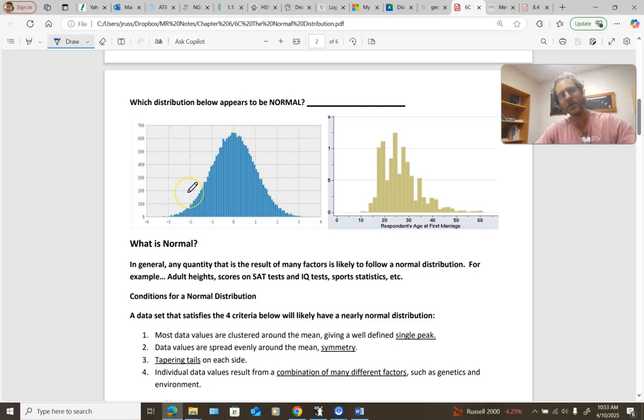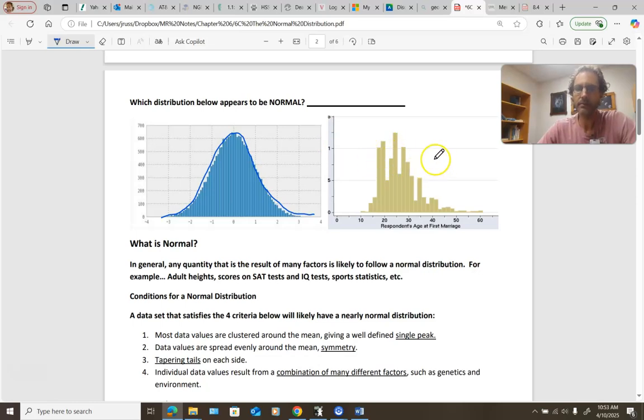Okay, if you create your frequency table such that you have more and more bins, then you're going to get a histogram with more and more bars, and this will more closely have a contour that's smooth. Okay, the more bars you have, the smoother this is going to appear. So this is definitely normal.